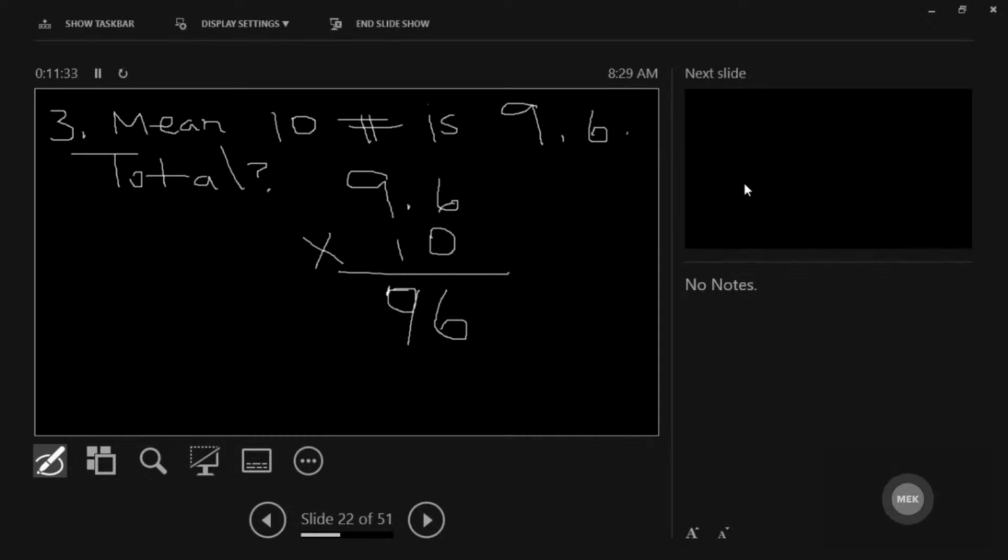All right, so question 4. The mean of two numbers is 25.